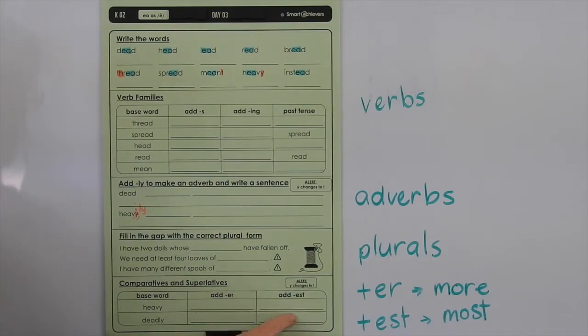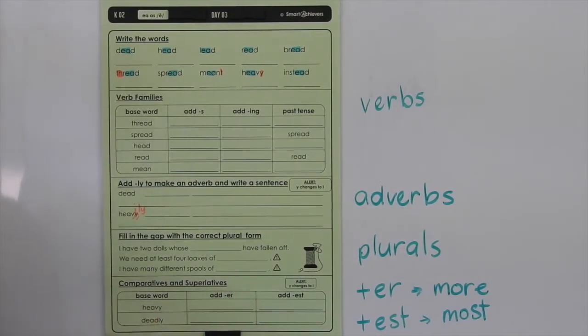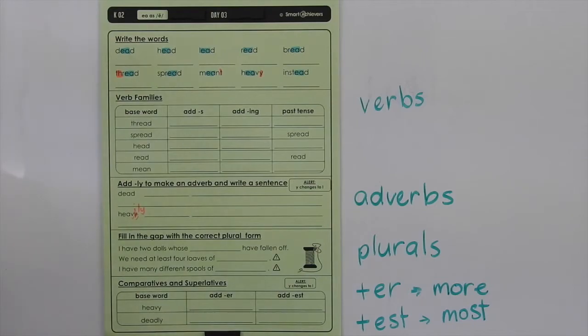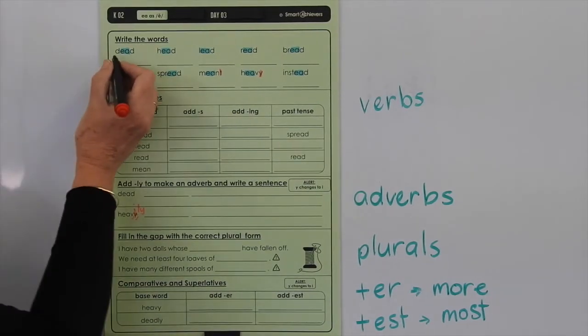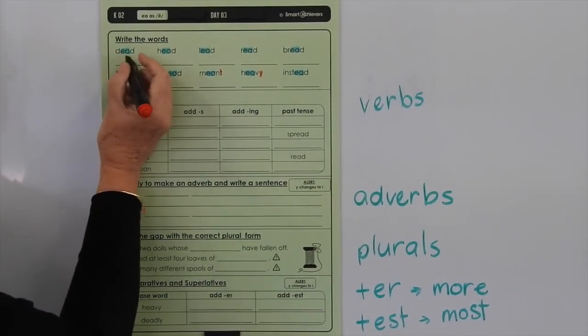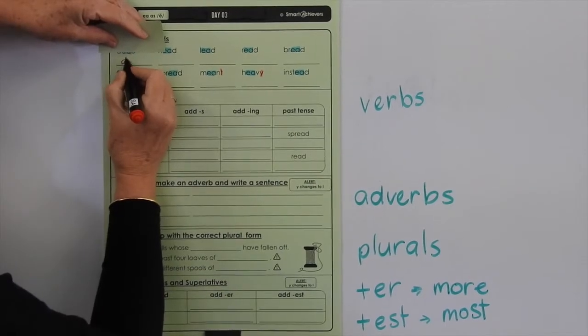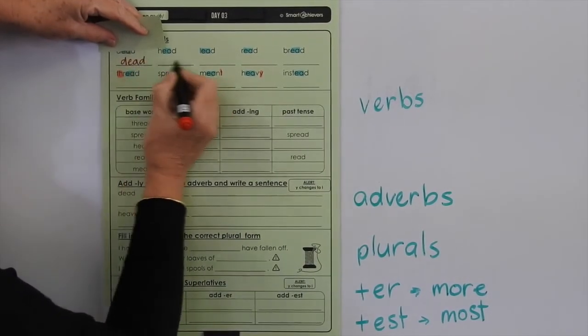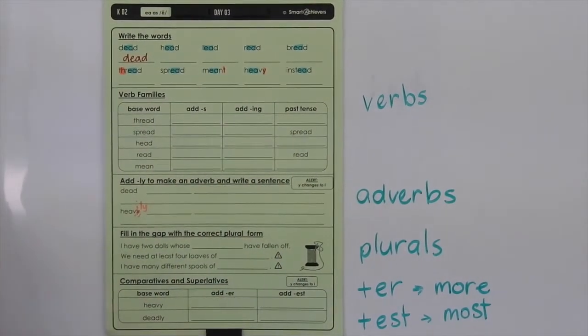You change the Y to an I before you add the EST because we have a consonant right before that Y. Now you can go back to the top and do your read it, sound it, spell it, cover it. So we've got dead, D-E-A-D, cover it and write it. And you can fill in the rest of that page on your own.